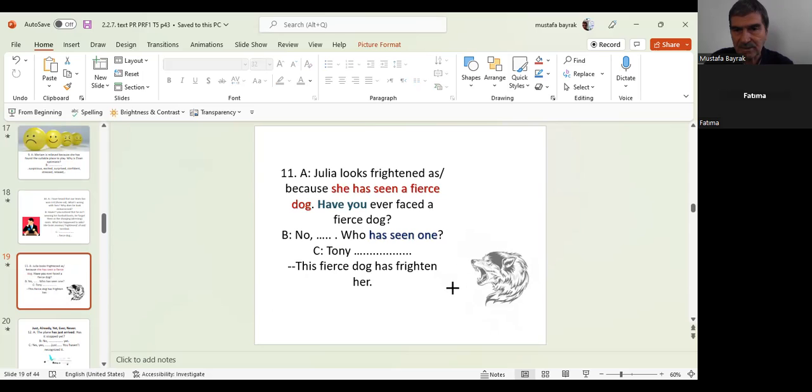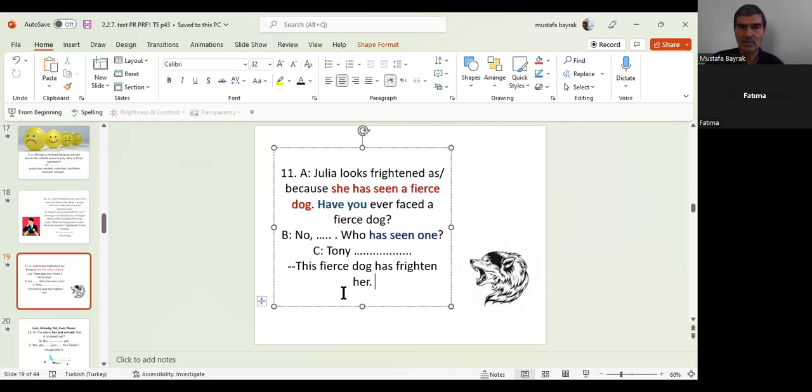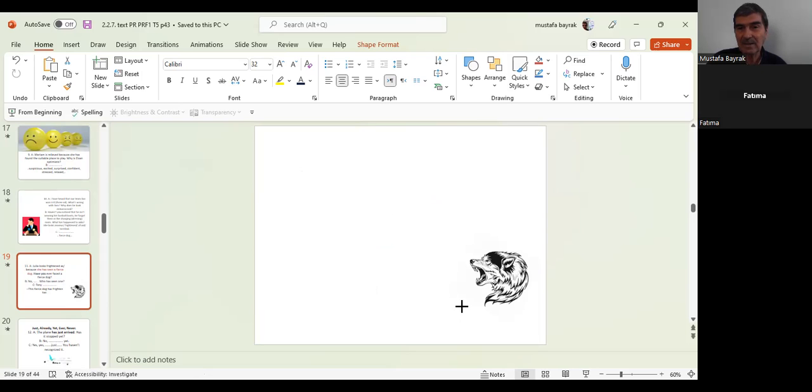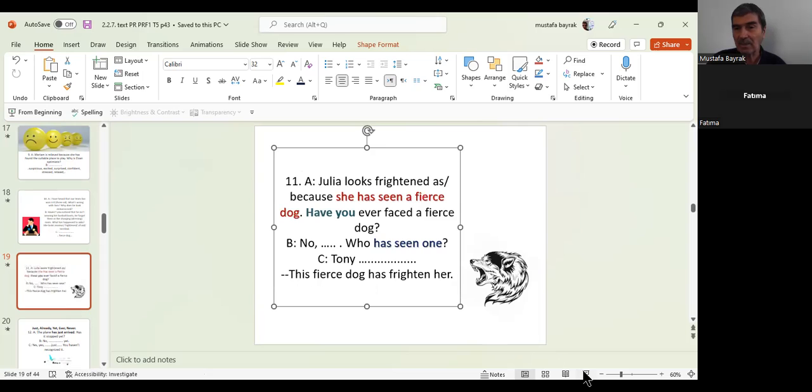I think it's clear. Yes. This fierce dog has frightened her, active. Or Julia is frightened or looks frightened. Okay. Is passive. I think that much is enough now.